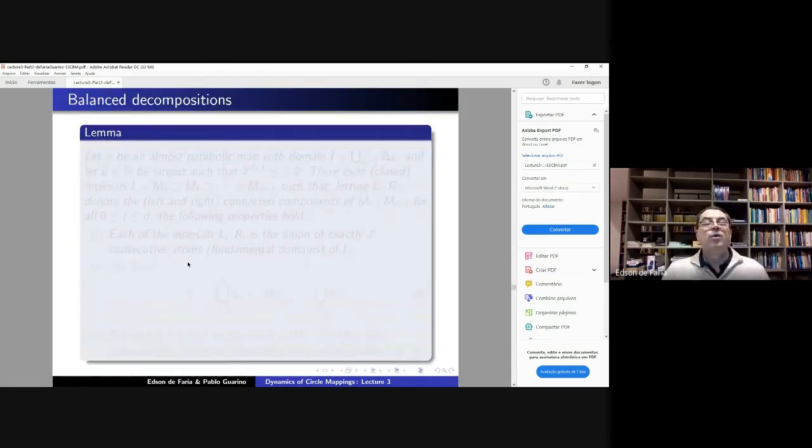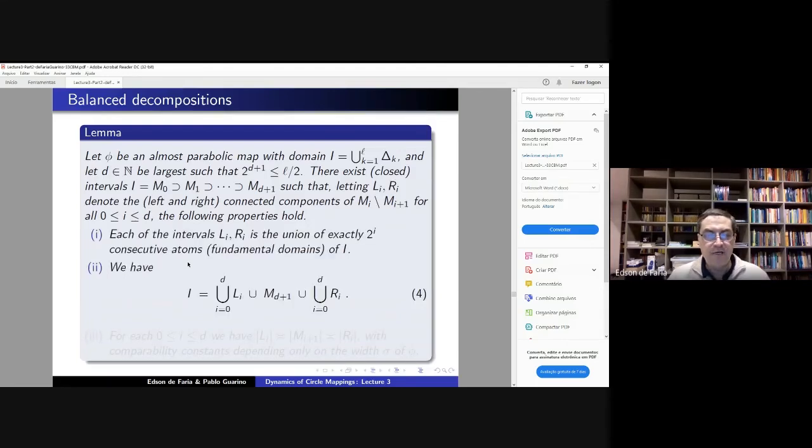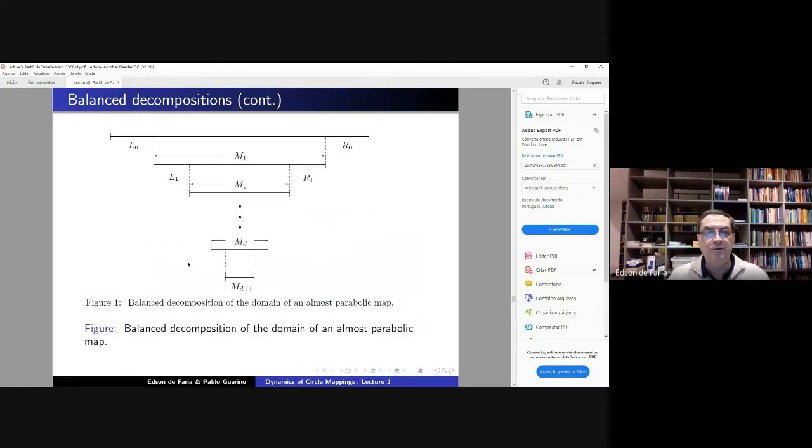Anyway, once you have this lemma, if you have an almost parabolic map, you can decompose the domain of the map in a way that we call balanced. Instead of dwelling too much on the statement, let me give you a picture. The important thing here is this picture. At the top, you see a big interval, which is the union of all these fundamental domains.